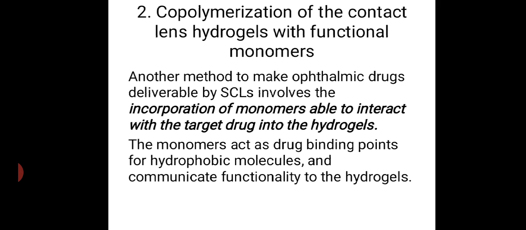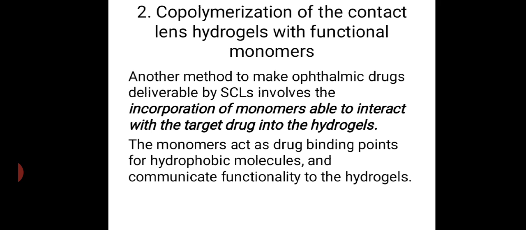So this process, the copolymerization of the contact lens with the functional monomers, means what? While preparing the polymer for the contact lens, during the process of polymerization of monomers itself, we can incorporate the drug into the monomeric system.